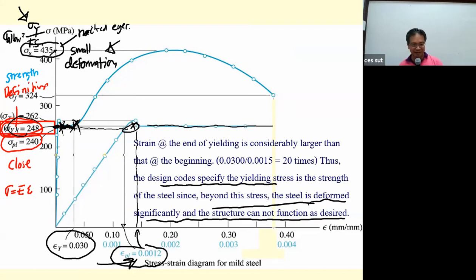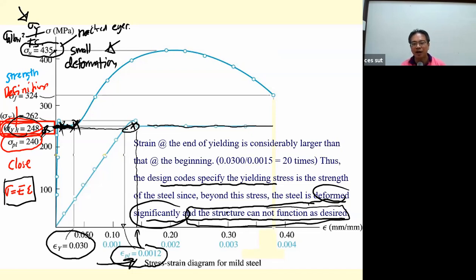The stress first is close to sigma yield, and then it will follow Hooke's law, and at the end of yielding it produces very large deformation. The structure will have a problem with the large deformation, so we limit the stress to that point.